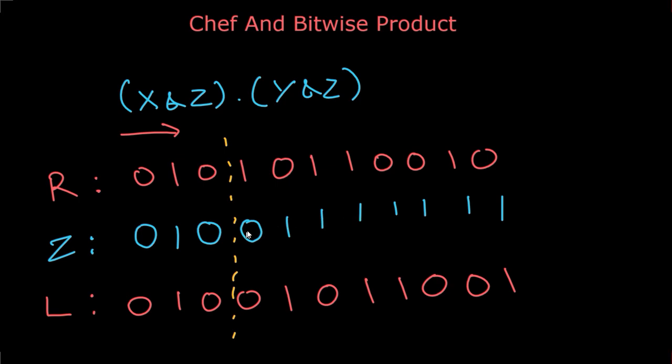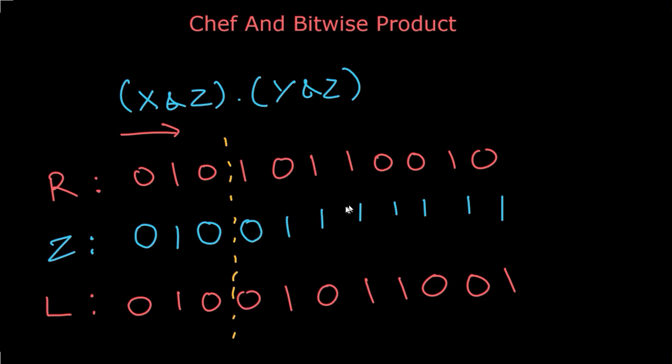Now, when it is 0, 1, 1, 1, 1, 1, it is easy to see why Z will be between L and R. Z is less than R because this bit is 0 for Z and 1 for R, and the bits before this will be all same. So Z will be less than R. Z will be greater than L because until this bit both are having same values.